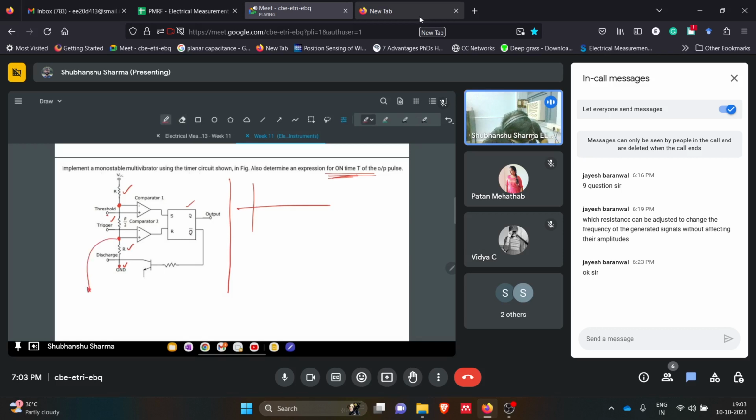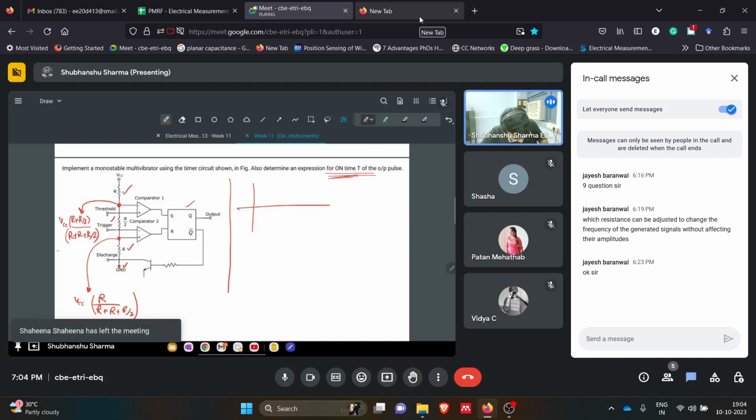So this voltage will be what? VCC into R divided by the total resistance. So total resistance will be R plus R by 2. And what will be the voltage for this? It will be VCC into R plus R by 2 divided by the total resistance of the branch, R plus R by 2.